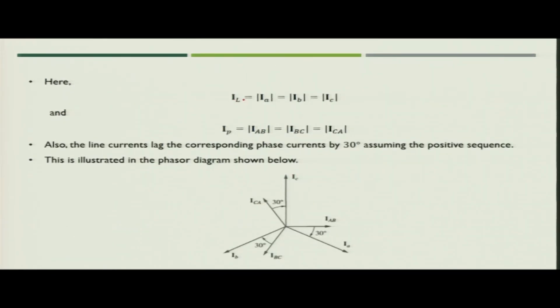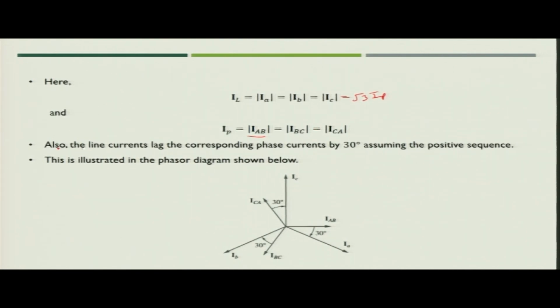Now, what you can write? You can write IL is nothing but the magnitude of IA or magnitude of IB or magnitude of IC, because we assume that the load is balanced. So, this will be equal to root 3 times of IP. And what is IP? IP will be the phase current, that is the magnitude of IAB equal to magnitude of IBC and equal to magnitude of ICA.